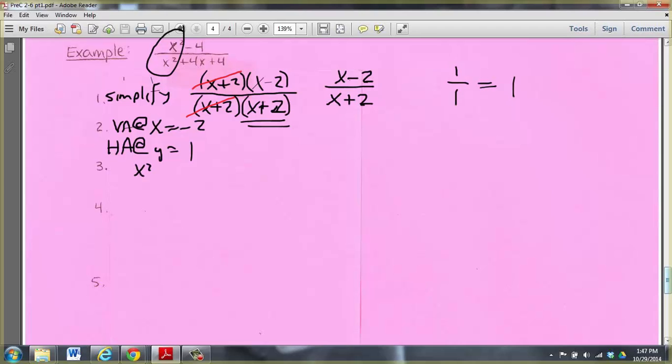This is really pretty easy, because what you end up with is this becomes 0, this becomes 0, that becomes 0, so you end up with negative 4 over 4, which is negative 1. So it crosses the y-axis at negative 1.